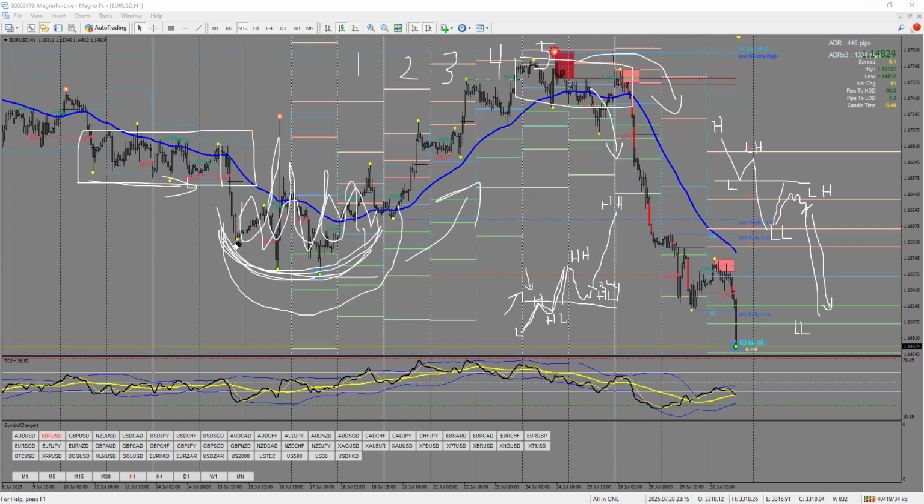Now we're expecting a lower high. We don't want a higher high or the same high, because that would still be in the range. We want a lower high once it finally breaks out of the structure.